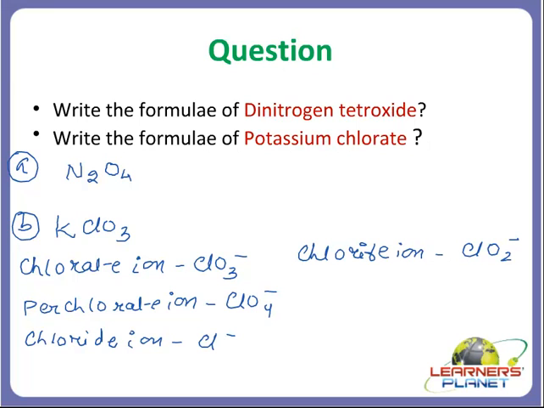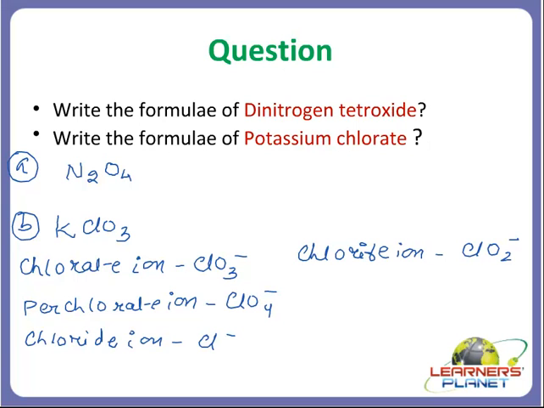So just see how many types of ion this chlorine forms with oxygen: chlorate, perchlorate, chloride and chlorite, right? So all of these have charges 1. Okay students, so this is the formula of potassium chlorate.